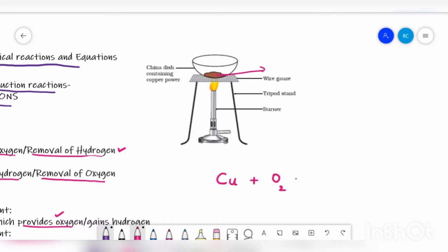If we start writing the equation, Cu, the symbol of copper, combines with oxygen. We are heating this compound, so you can write heat or you can give a delta sign. Both indicate heat. So copper is converting to copper oxide.